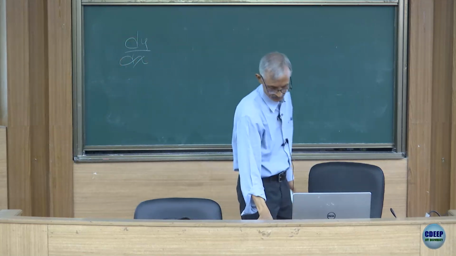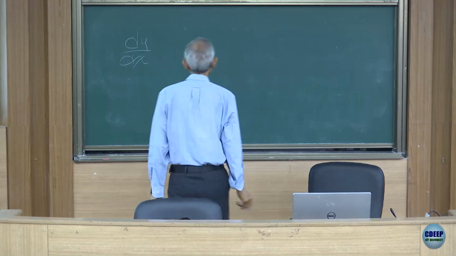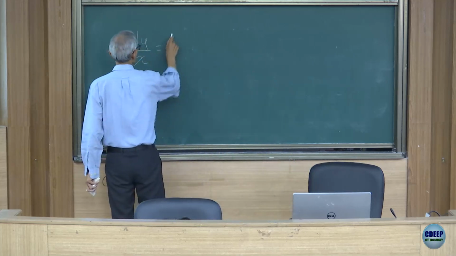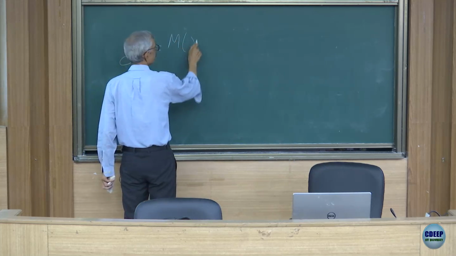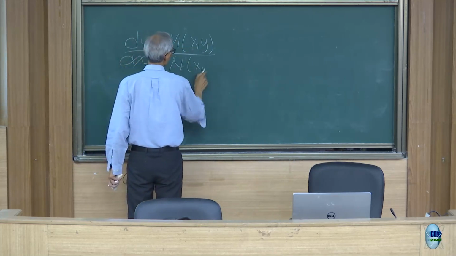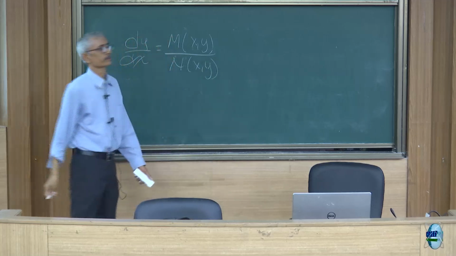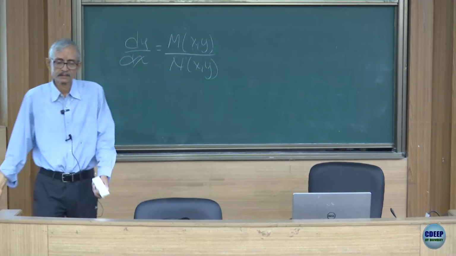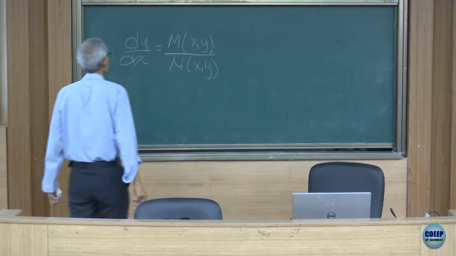So dy/dx is equal to m of, let us say, x and y upon n of x and y. Suppose this is another equation that I would like to get a solution to.